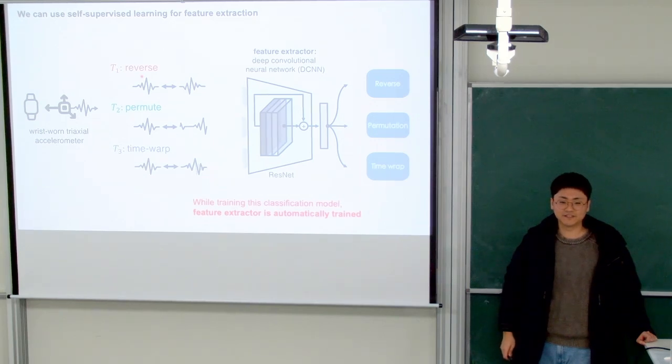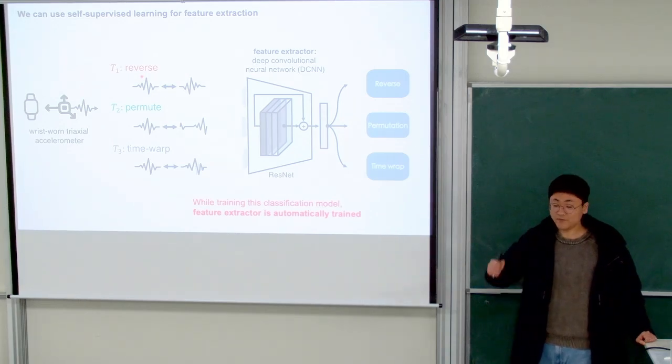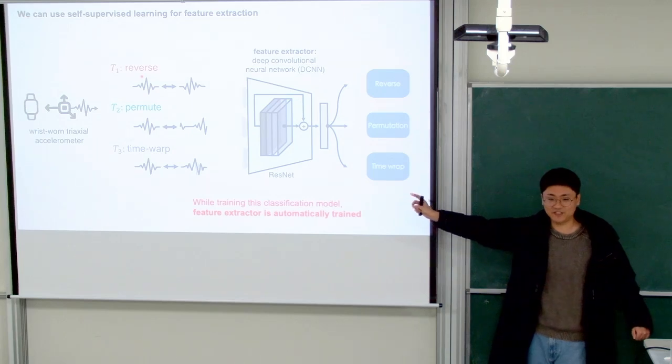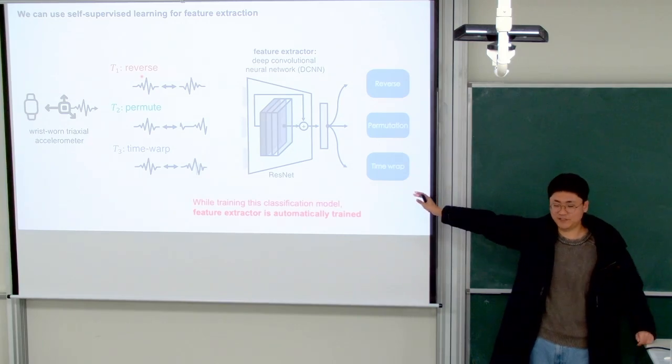So what they do is, before they provide the labeled sleep stage data, they use the original data, change it with reverse, permute, and time warp, and then try to find the dimensions which can distinguish these 3 transformations. They think that's universal. They checked various transformations, actually there is a previous study, and they thought that these 3 transformations are the best for time series data.